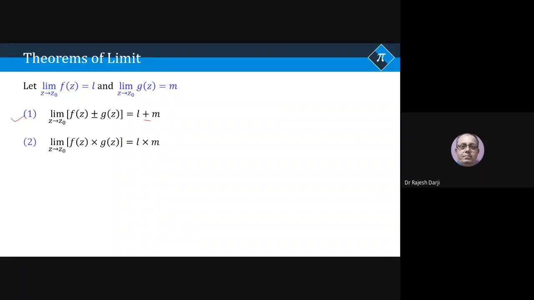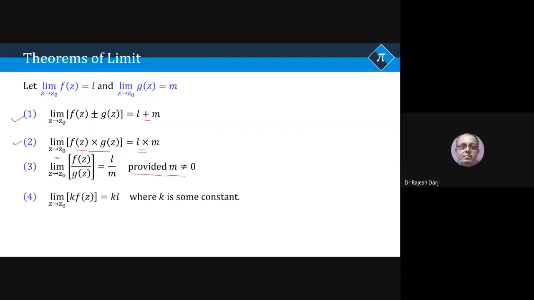Second, for the product of two functions, the limit is the product of both values, so you can split the limit over the product. You can even split the limit over the division, provided the denominator is not 0. Then if there is some constant within the limit, you can take it outside, where k is some constant.